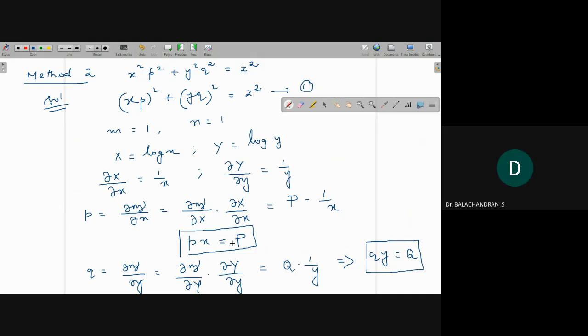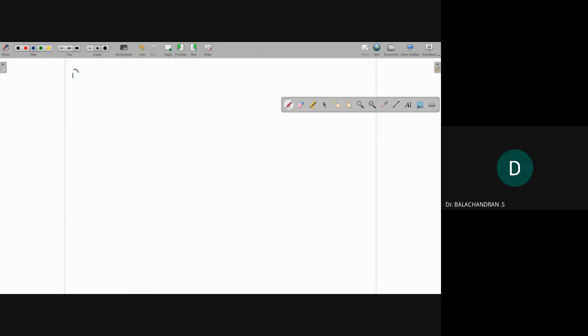Now substitute these two values in equation 1. We get p square plus q square equal to small z square, which implies capital P square plus capital Q square equal to small z square.